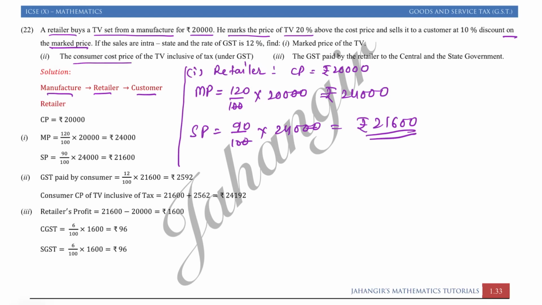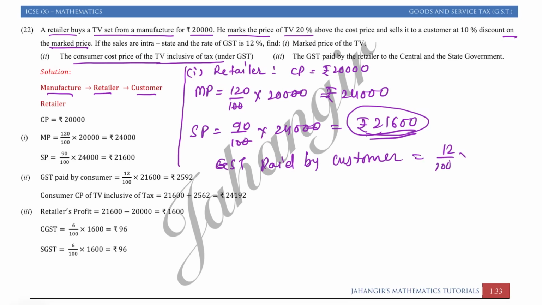Now second क्या है? Consumer cost price of TV inclusive of tax. So customer के लिए selling price of retailer is the cost price for the customer. The CP for the customer is rupees 21,600. So GST paid by the customer is equal to 12% of 21,600.